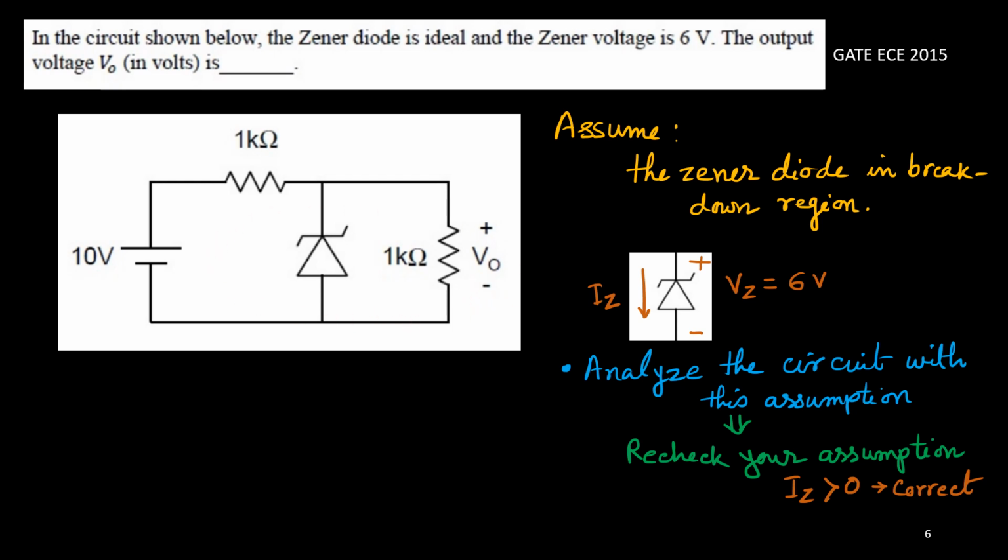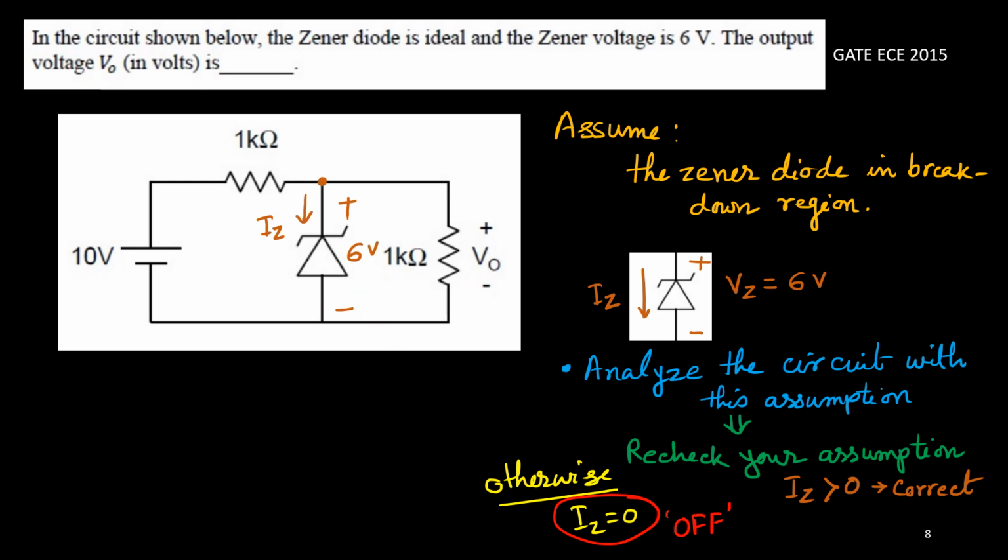We'll consider that this is a Zener diode. This current is IZ, and this is your 6 volt. I'll consider this is grounded, so with respect to this ground, this potential is 6 volt.